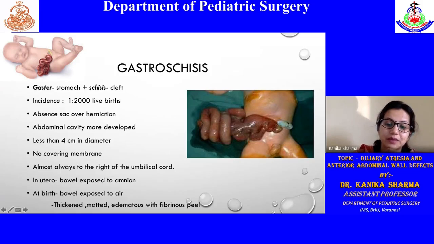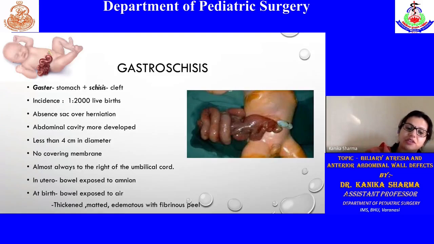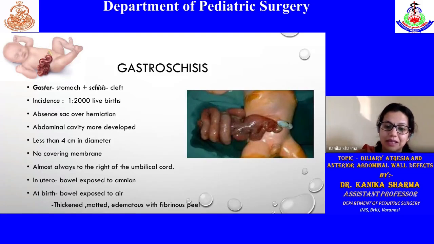At birth, when the child is born, this entire bowel becomes exposed to air, and then subsequently it starts desiccating due to dehydration. The bowel becomes thick, matted, and edematous, and due to release of exudate there may be a fibrinous peel, which leads to adhesions later on.